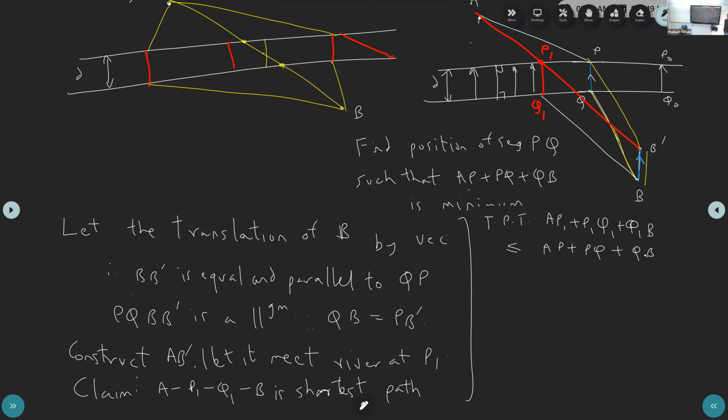Okay, so how will you simplify this? What we need to prove? AB is PB dash is greater than AB dash.